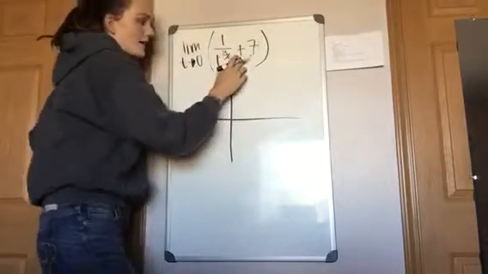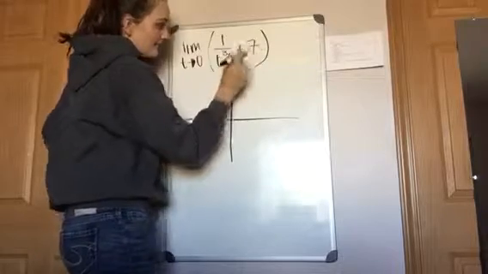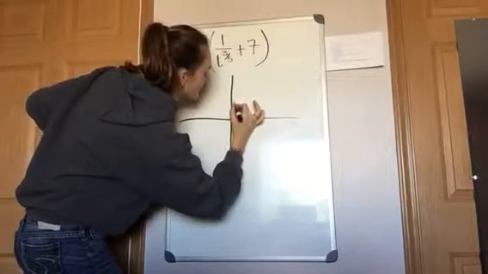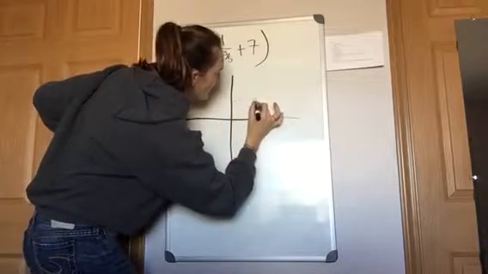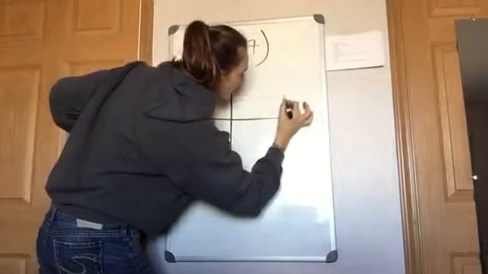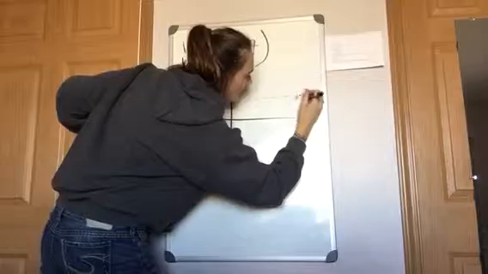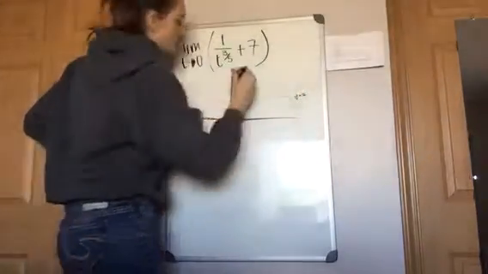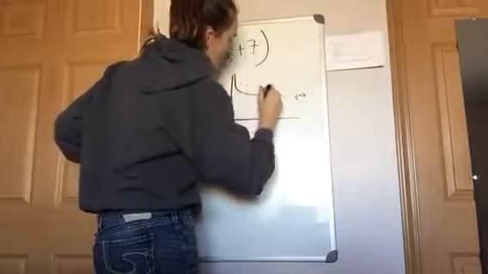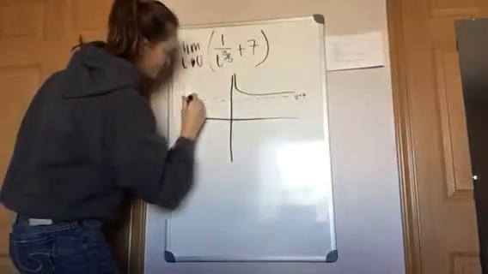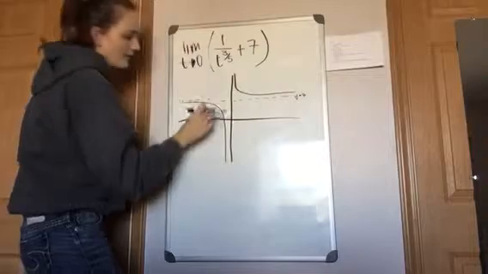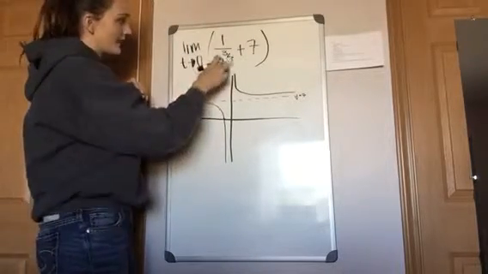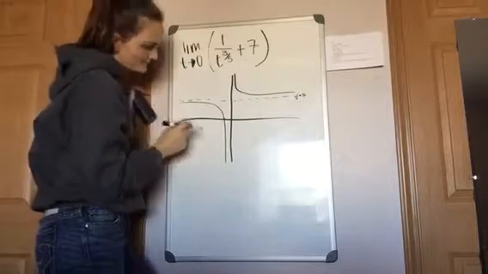We are going to have a horizontal asymptote at 7. So we're going to come up to y equals 7 and draw our asymptote at y equals 7. So then we know our graph looks a little something like this, and there's an intercept at that point.